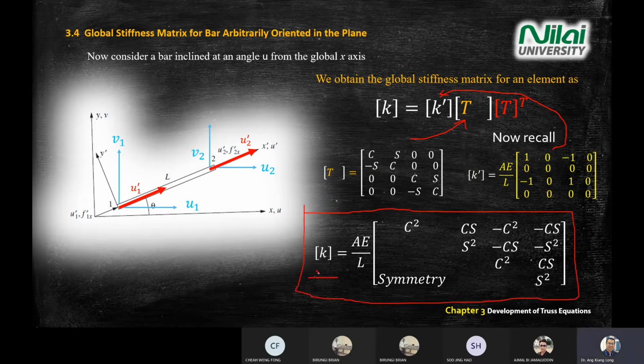This matrix is super important, where you need to convert the local to global. So at the end, you arrive at K equal to AE over L times C squared, CS, minus C squared, minus CS, and so on, like what you see on the screen here.